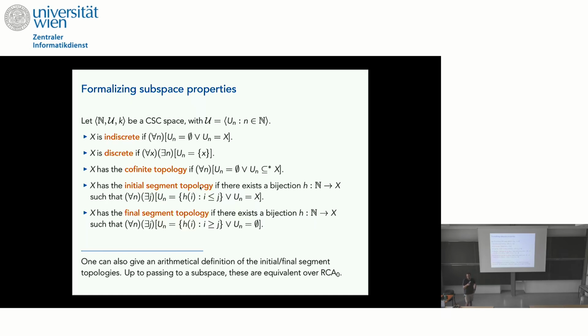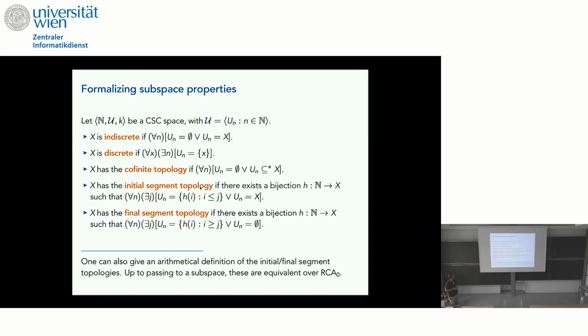It's kind of obvious: indiscrete means that all the basic open sets U_n are either empty or X. It's discrete if for every x there is an n so that the singleton is a basic open set. Cofinite topology, again, is sort of obvious: every basic open set is either empty or cofinite.